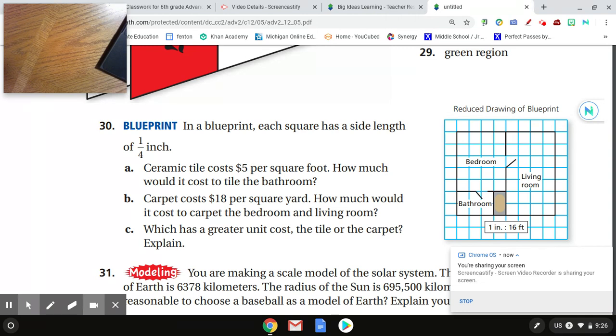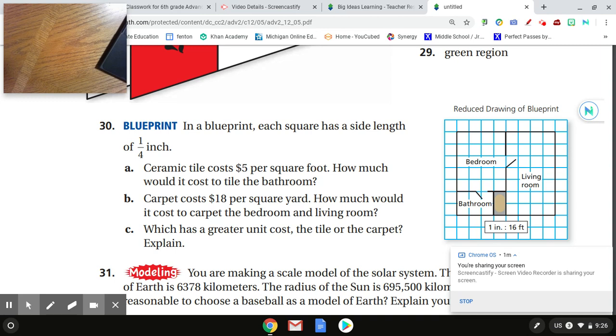There you have a drawing of a bedroom with a living room and a bathroom. Maybe this is a first floor of a house, or maybe this is a one bedroom apartment or something like that. All right, so it says each square has a side length of a 1/4 inch.